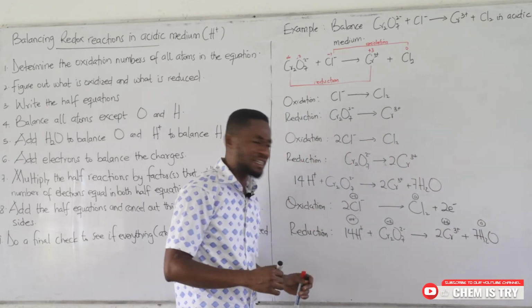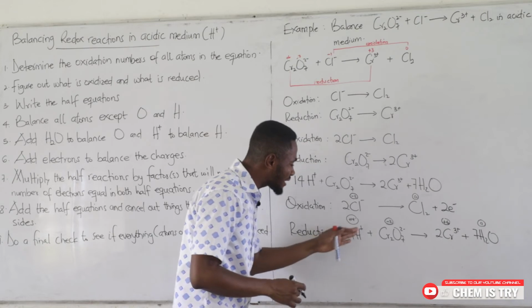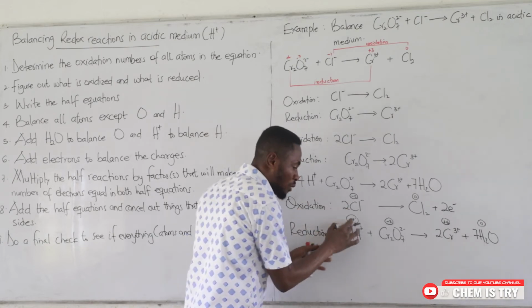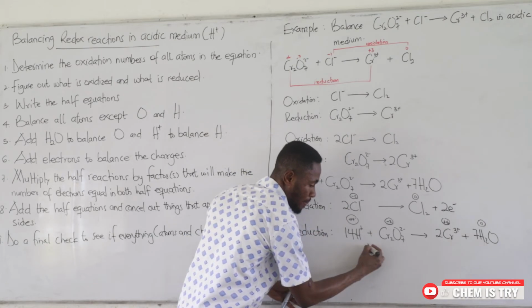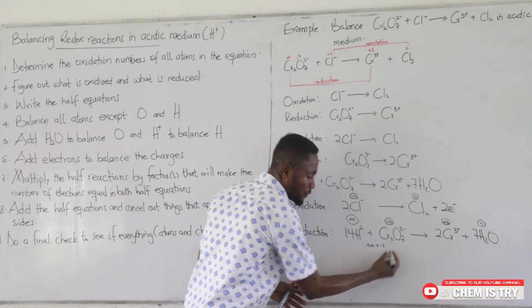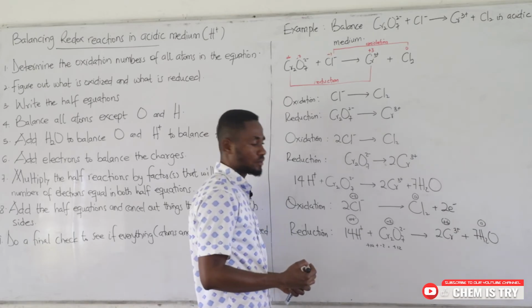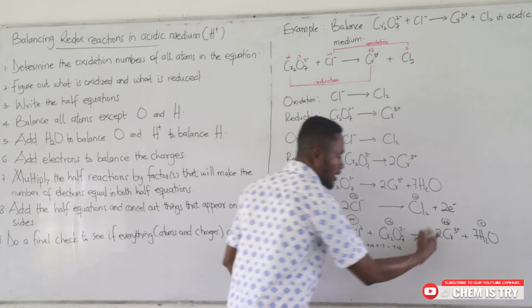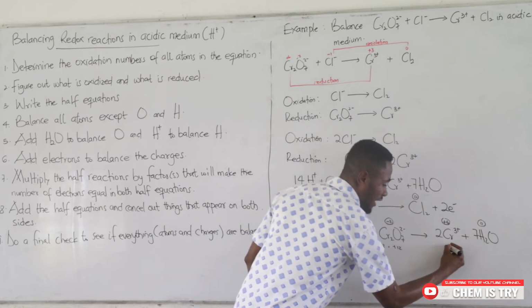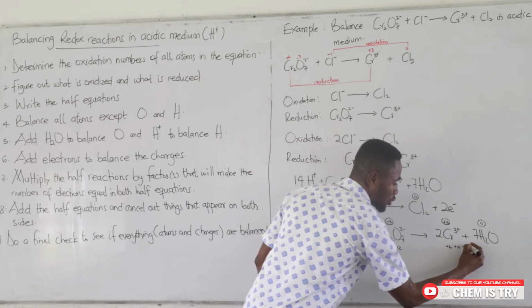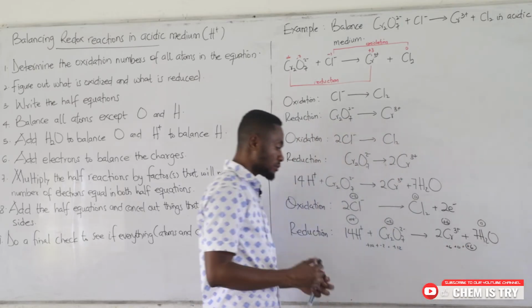Looking at it critically, at the reactant side, the total charge will be +14 plus -2, which gives us +12. At the product side, the total charge will be +6 plus 0, which is equal to +6.